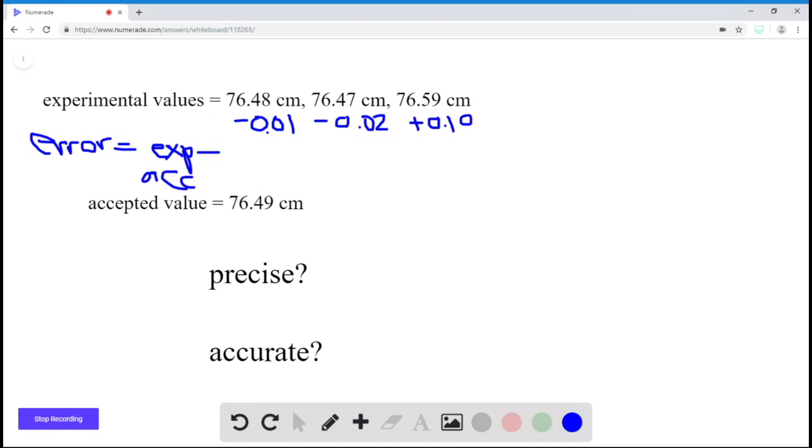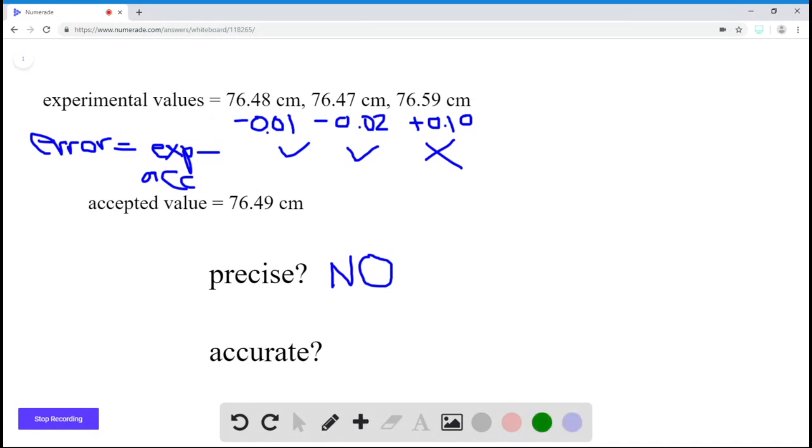So you can see that in terms of precision, they're not too precise. You have these first two are pretty precise relative to each other, but this third value is not precise, so it's not going to be precise.